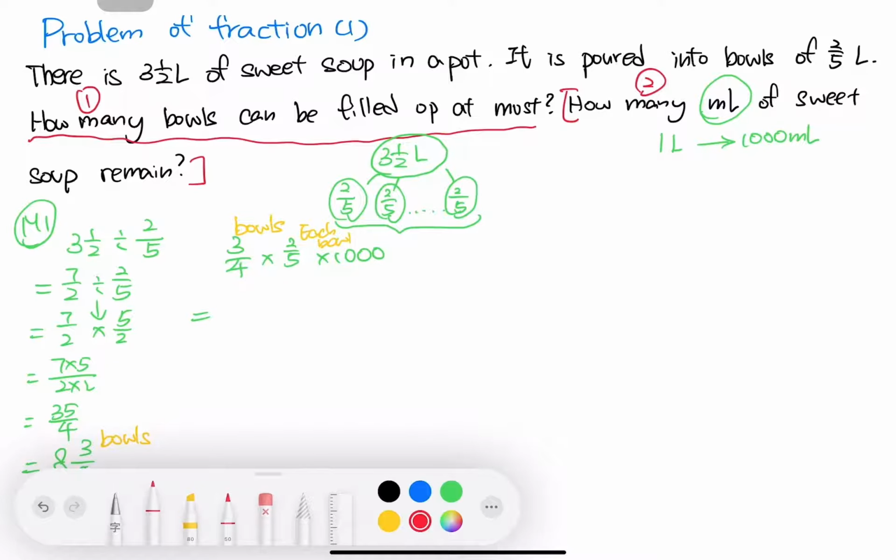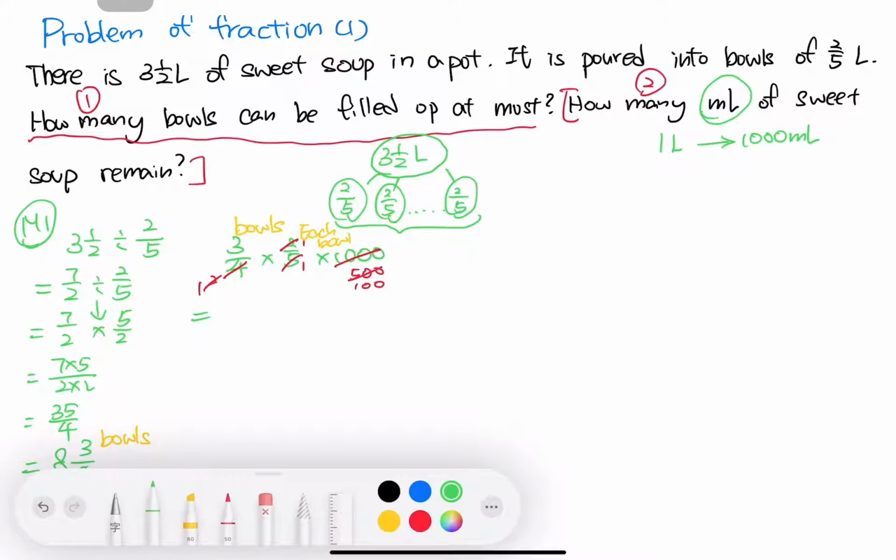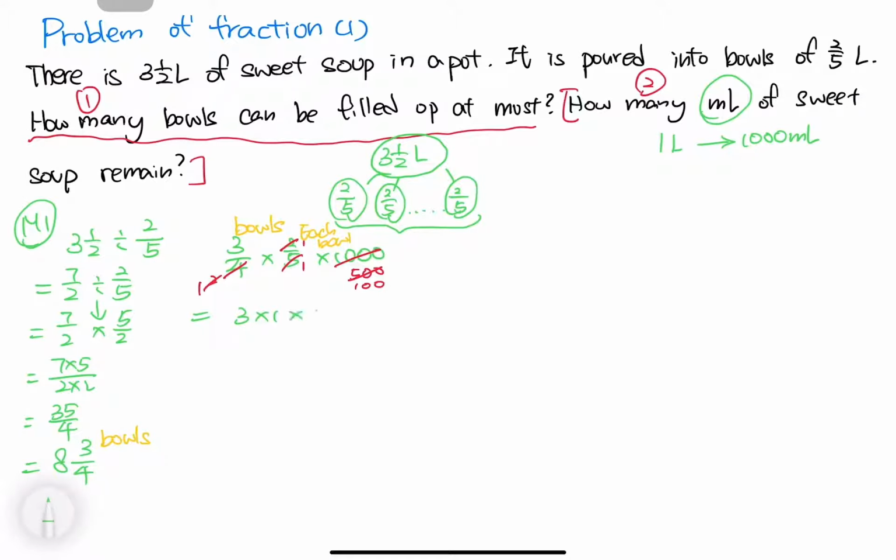Simplifying, the numerator is 3 times 1 times 100, and the denominator is 1 times 1, and then here is the whole number, so you can keep 1 as a denominator. When you multiply them together, you get the answer 300.